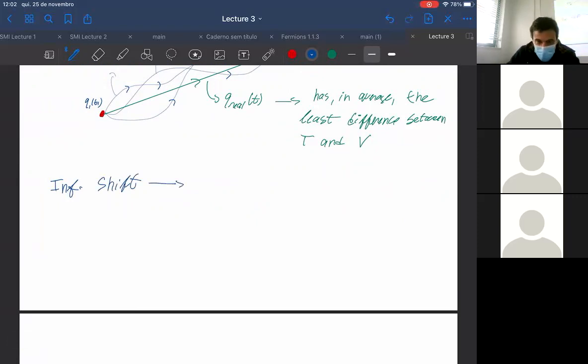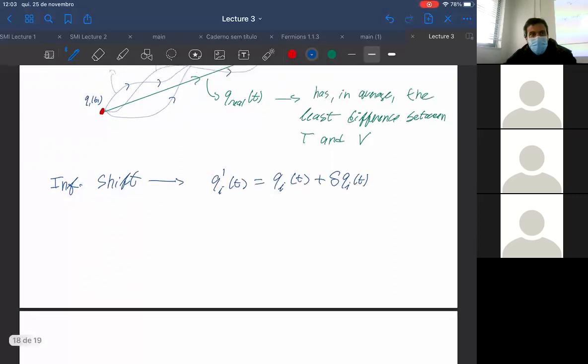When you do an infinitesimal shift, we go from q to q prime, so q_i(t) plus delta q_i(t). And now we can do the variation of the action, which in functional analysis is the equivalent of the derivative in real calculus.